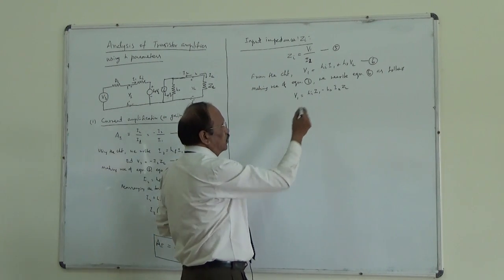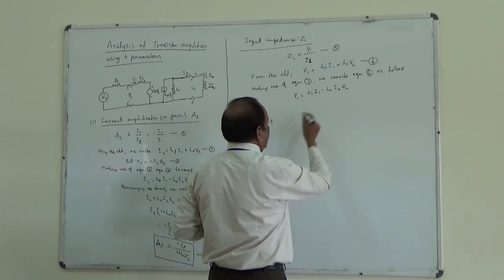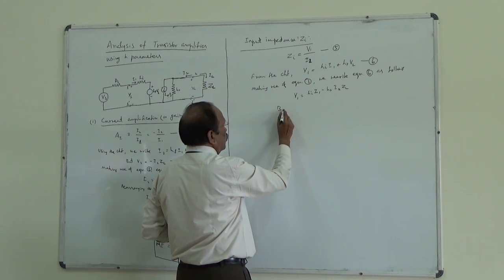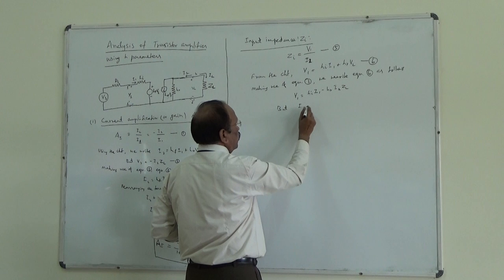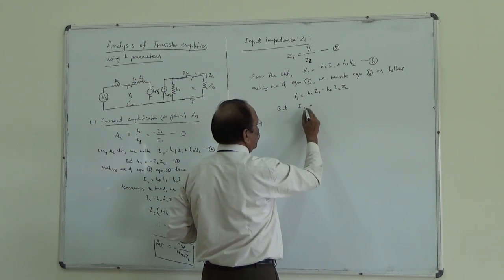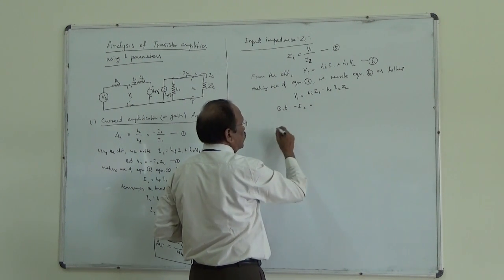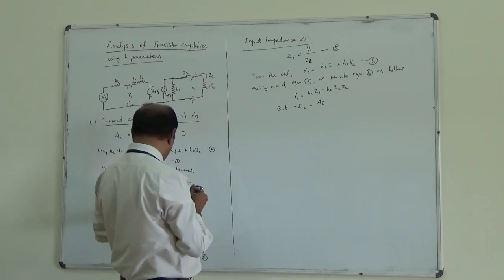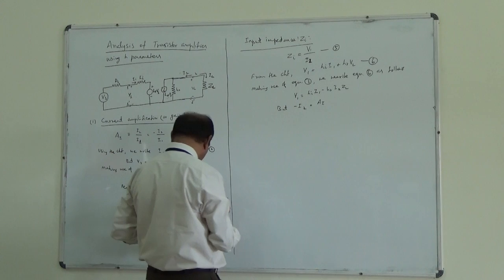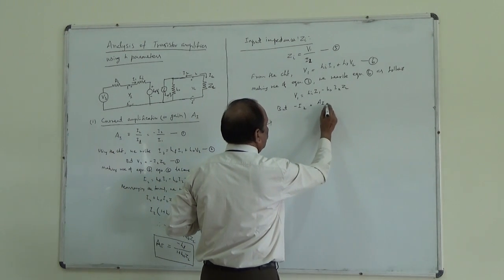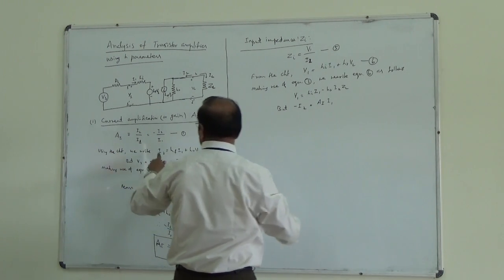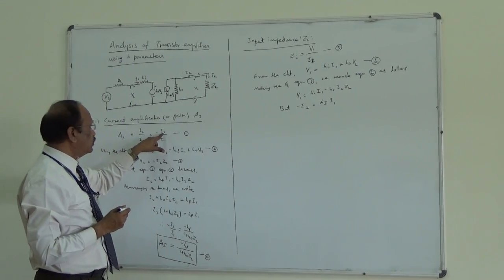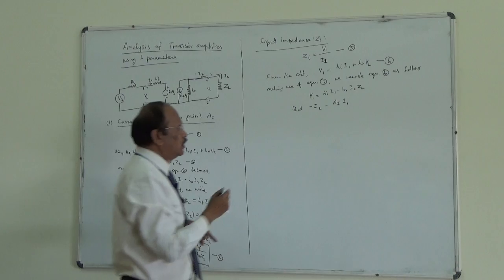But minus I2 is equal to AI into I1. From the general formula, A equals minus I2 by I1, so I can replace minus I2 by A into I1.